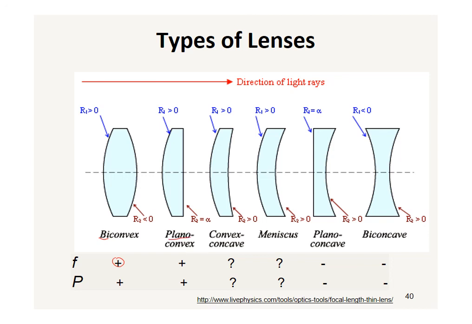If it says plano, it means one of the sides is flat, and of course if the surface is flat, it means the radius of curvature is equal to infinity. Now we can also have a meniscus lens, which is another name for a convex concave lens. It means that both R1 and R2 have the same sign.